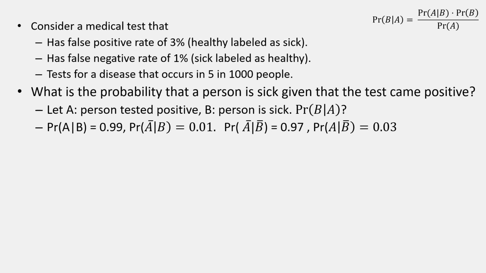Probability of A given B and probability of not A given B. So the first two we get out of knowing the false negative rate, and the other two we get from knowing the false positive rate. And the probability of B is 0.005, 0.5%.